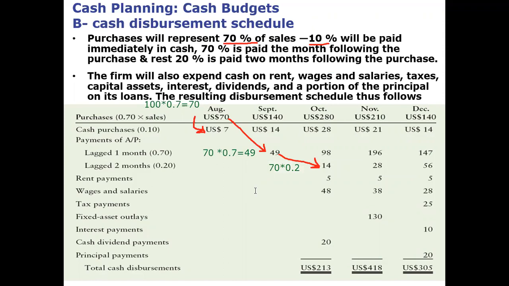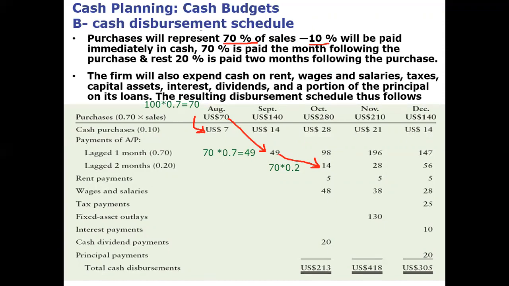So this is how I prepare the payments. I buy things for $70, but I didn't pay all of it in cash. I pay 10% of the 70, which is $7, and then 70% out of the 70, which is 49, and then 20% out of the 70, which is 14. I will do the same for each one of them as follows.